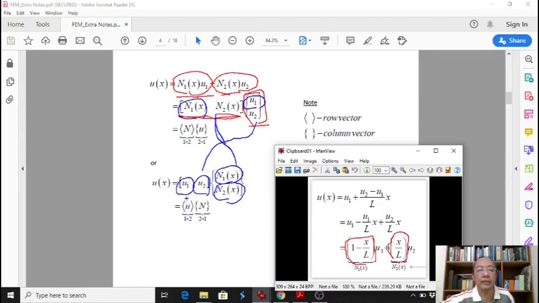We use this symbol to represent the row vector. So u transpose n is equal to n transpose u, but either the row becomes a column vector or the column vector changes to a row vector.